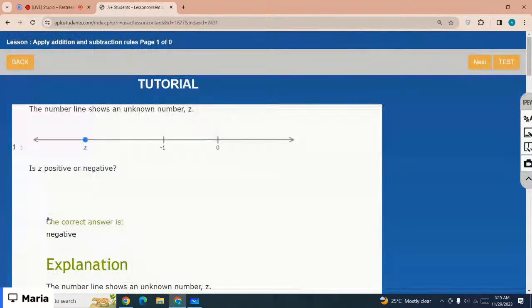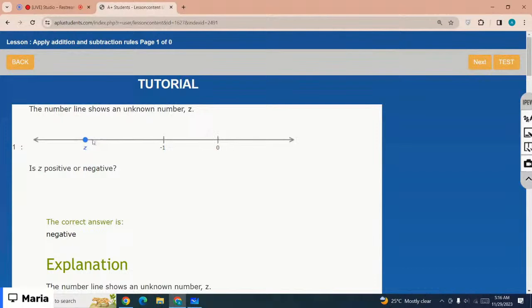Whenever you have to see if a number is positive or negative, and the number is given on the number line, you have to see the zero. Where is zero? Is the number on the right hand side of the zero or on the left hand side of the zero? Just look at this number. Here you have zero, right? z is on the left hand side of the zero.